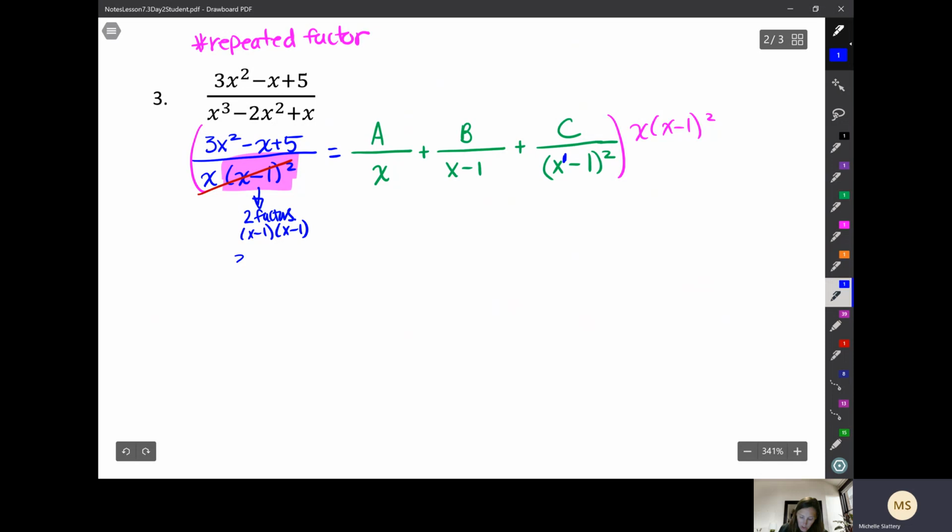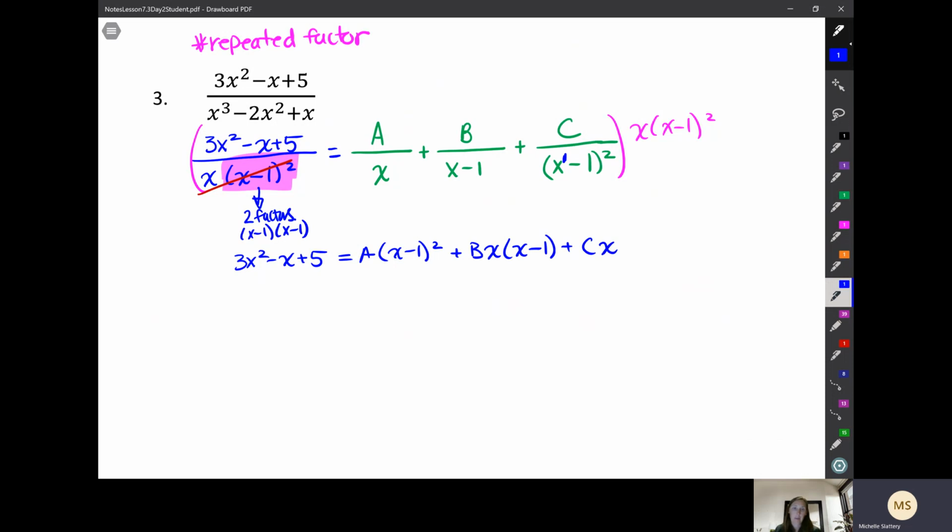So what I have on the left is 3x squared minus x plus 5 equals, then I have a times the quantity of x minus 1 squared plus b. B gets multiplied by the x, and then one more x minus 1, and then c just gets multiplied by the x. Okay, and you can pause and think about that for a minute. And then I'm going to go ahead and expand everything.